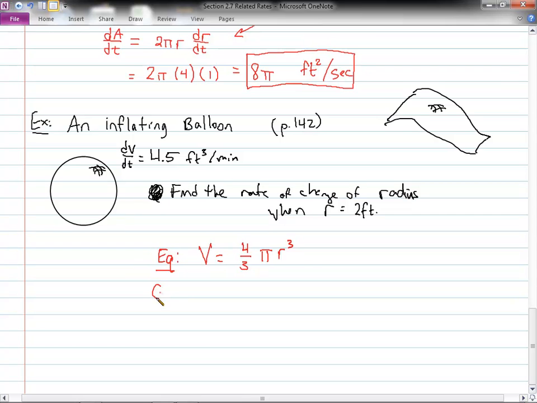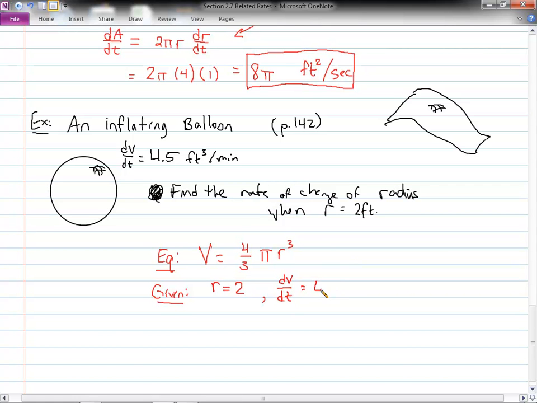Okay. What are we given? So r is 2. What else are we given? Not our volume specifically, but our change in volume, our rate of change in volume. It is important to make that distinction.